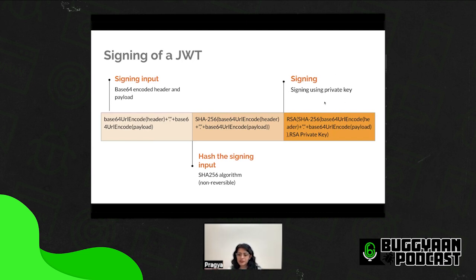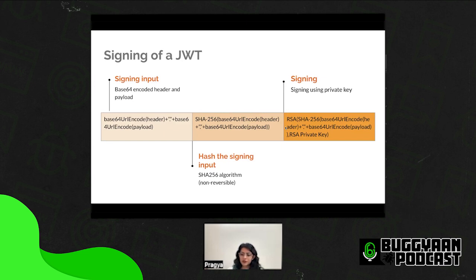In asymmetric cryptography, signing is done using the private key and verifying is done using the public key. So we will sign the output of my second step using my RSA private key, and then I'll get the signature.